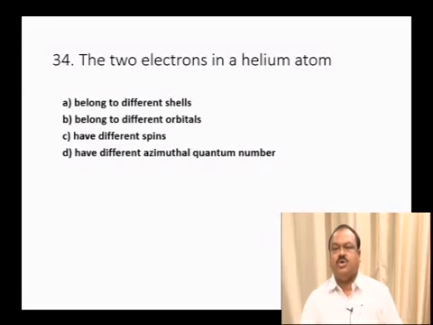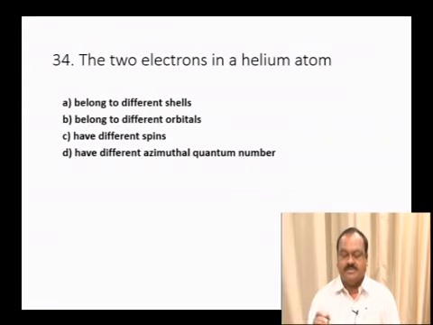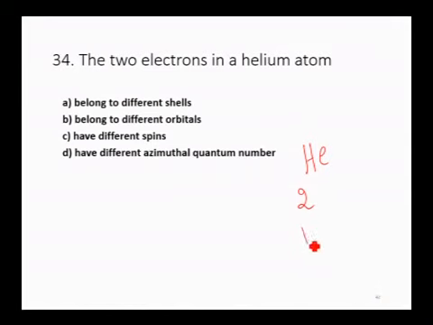The two electrons in a helium atom belong to different shells, belong to different orbitals, have different spins, have different quantum numbers. Helium's atomic number is 2. Its electronic configuration is 1s2. The 1 indicates the same orbit.